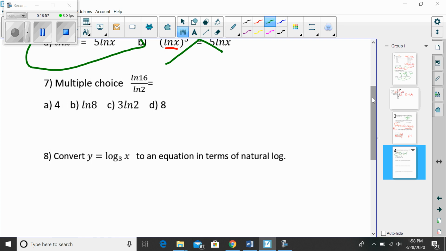Now, number 7. A couple of things that students do wrong in number 7. So we'll work our way to the correct answer by looking at what not to do. One of the worst mistakes that students make is they say, oh, can't the natural logs cancel? Can't I just cancel ln? You're thinking of this as like a variable L, a variable N times the number 16, right?